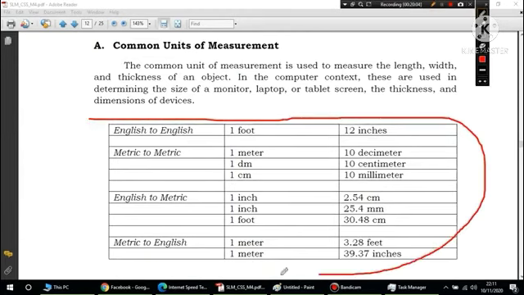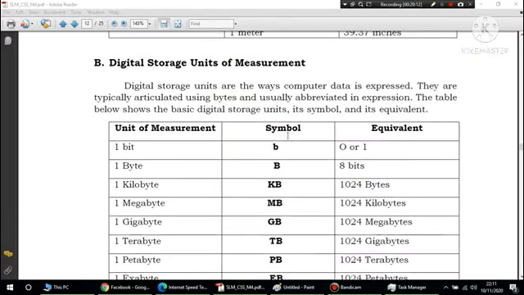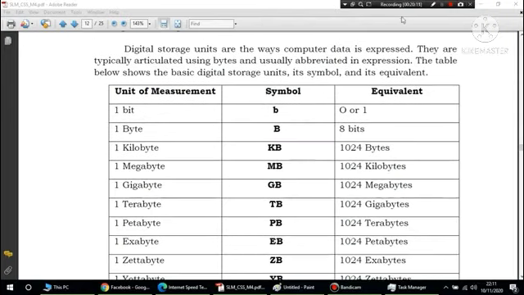This unit is used in the thickness and sizes. On to digital storage units of measurement. So ito yung sinasabi ko kanina na bit is 1 or 0. And then byte, 8 bits, and so on.